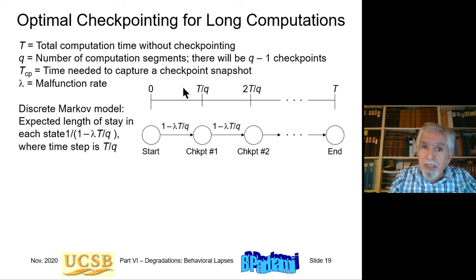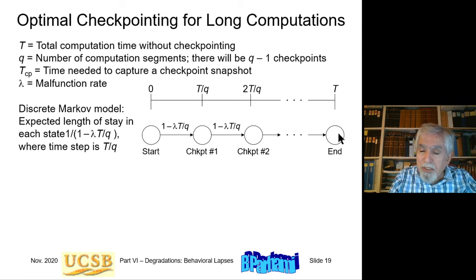And the probability of malfunction is basically lambda times t over q. T over q is the time interval, and lambda is the failure rate. So this is the probability of some malfunction occurring, and 1 minus that is the probability that we successfully go from this state to this state. And given that all of these intervals are identical, it is the same probability.